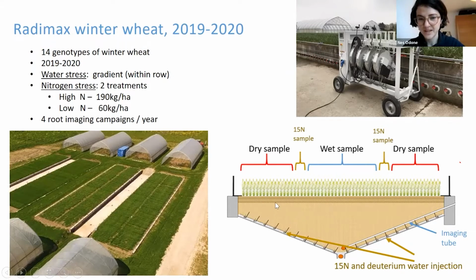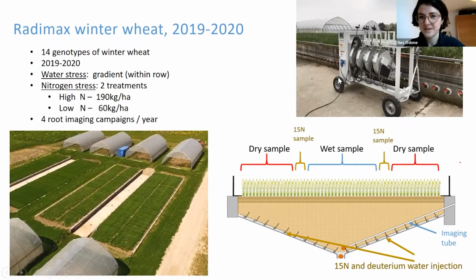So you can see on the sides there's less soil and therefore less water available to the plant roots. And in the center there's more soil and more water. So that's where we get the wet treatment. And then we also had 2 nitrogen treatments, high and low, of 190 and 60 kilos per hectare of nitrogen. And those are applied to the soil surface for the separate rows. We had 4 root imaging campaigns for each year.